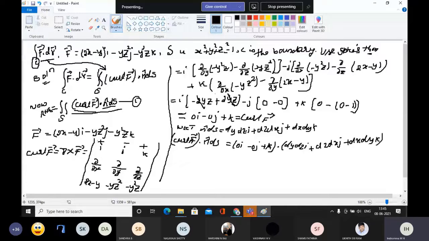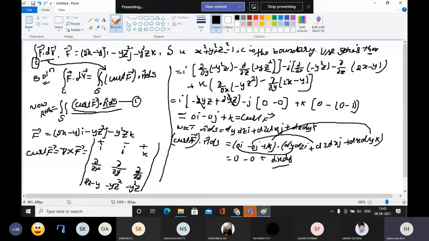Now do the dot product. This 0 into this is 0, the next 0 into this is also 0, plus k dot k is 1, so 1 into dx dy is dx dy. Is it right?